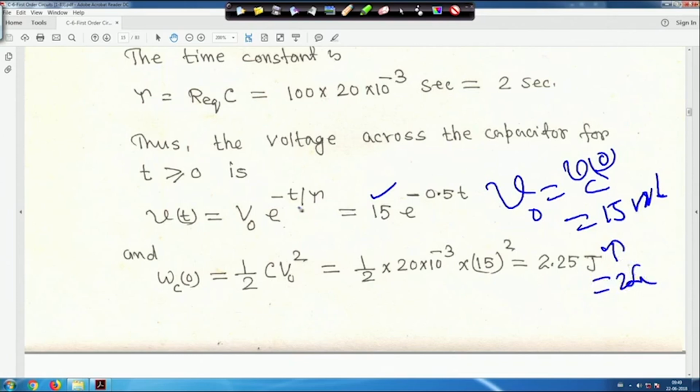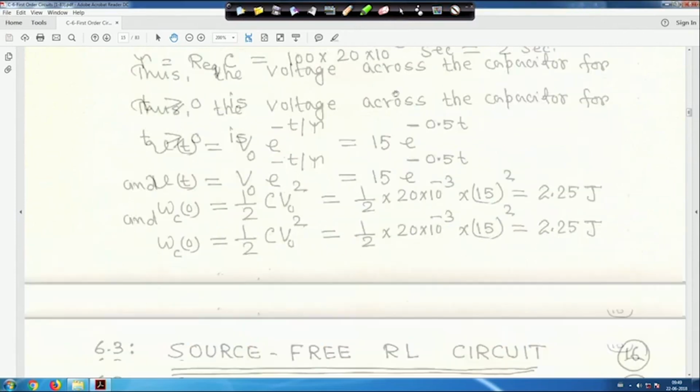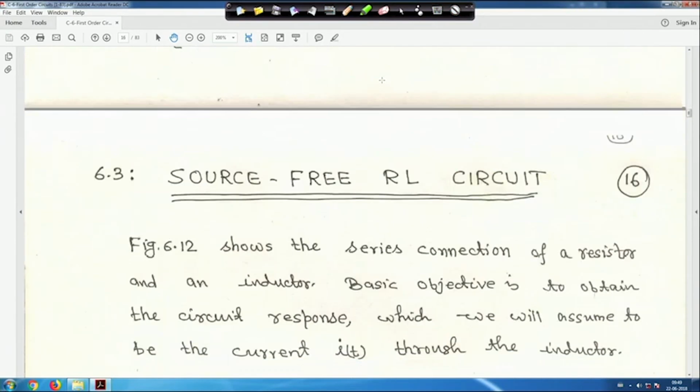So it is e to the power minus 0.5 t, right. And w_c(0), that is the initial energy stored in the capacitor, is half C V0 square. So half into 20 into 10 to the minus 3 farad, and V0 square, so 15 square, it is 2.25 joule, right.